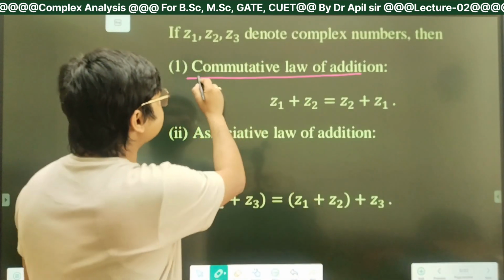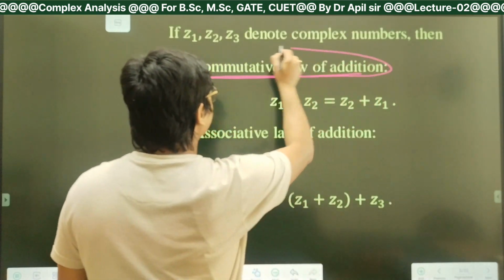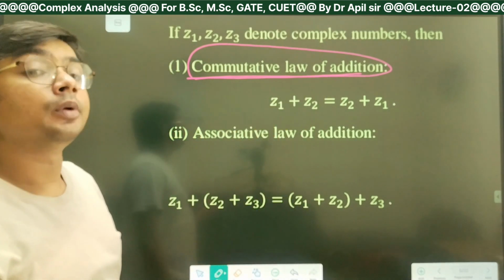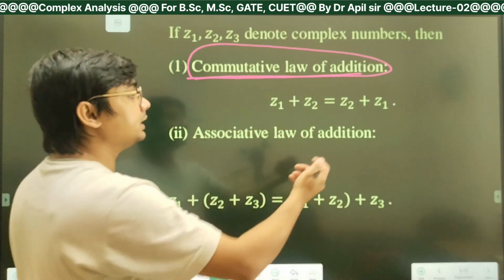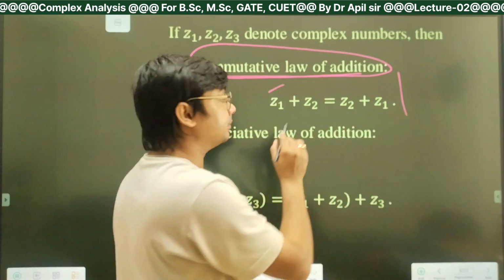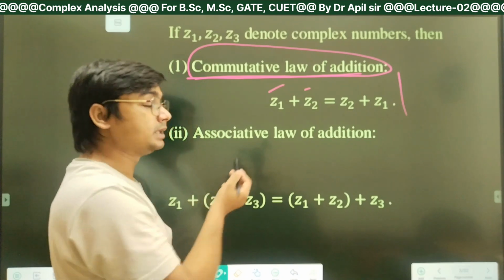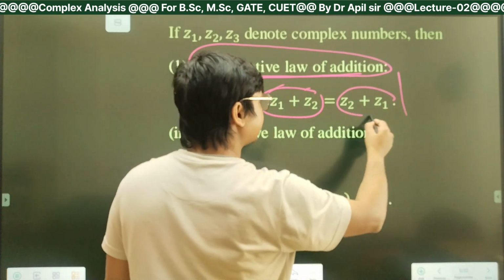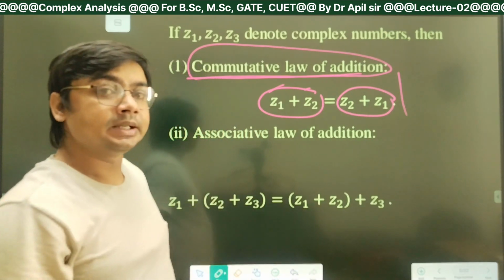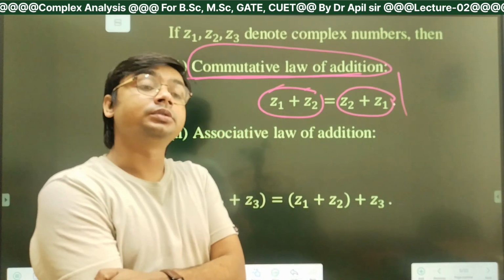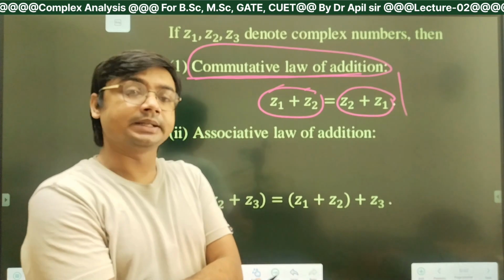So the commutative law of addition. If z1 is a complex number and z2 is a complex number, then z1 plus z2 is equal to z2 plus z1, right? If this happens, then we say the commutative property is satisfied.